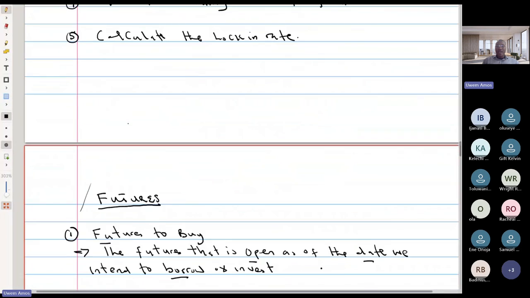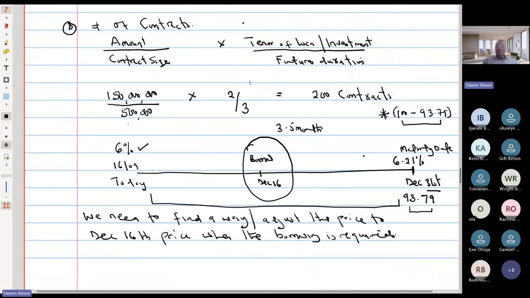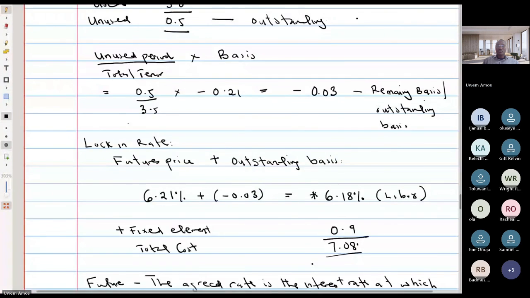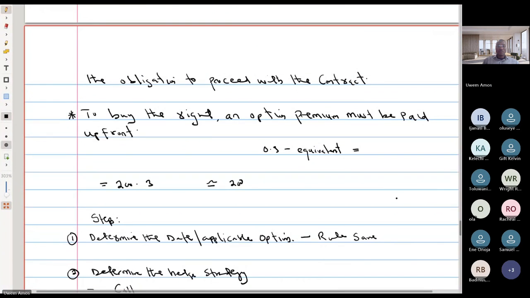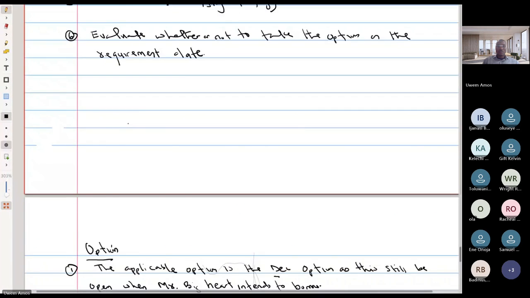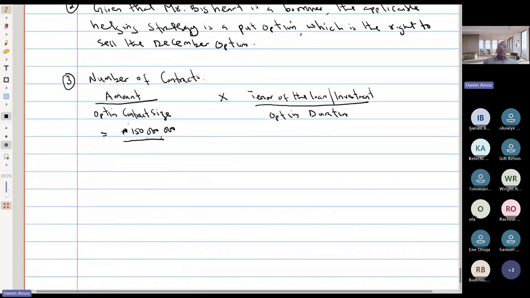Okay, so we just go right down to the question. So 150 million divided by 500,000, multiplied by the tenor, as the loan is for 2 months, and the option duration is 3. Okay, so how many contracts? I think it coincidentally should be the same as what we have under futures because the values are the same.